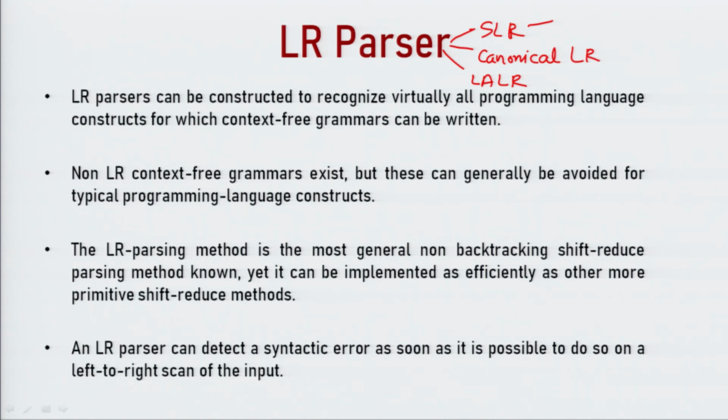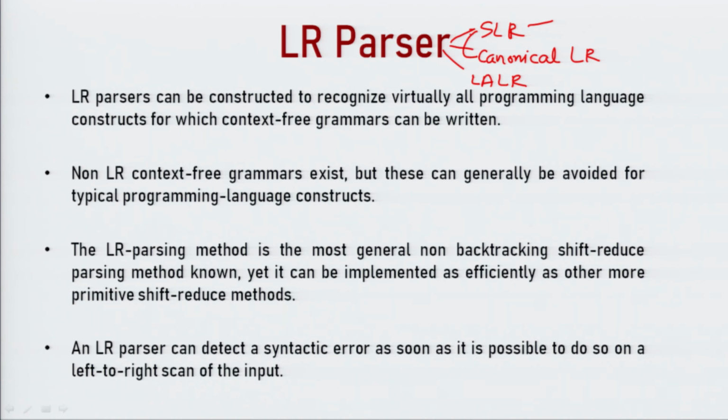Second is canonical LR, the most powerful LR parser. It can parse a wide range of LR grammars, but it is expensive, that is costly, in terms of implementation. The third is the LALR parser, which lies in between the SLR parser and the canonical LR parser in terms of power.